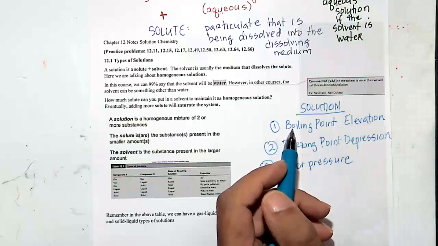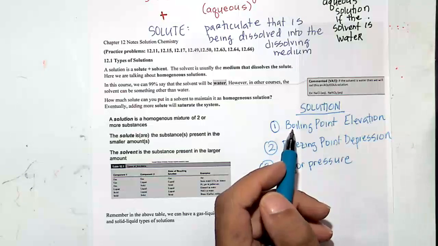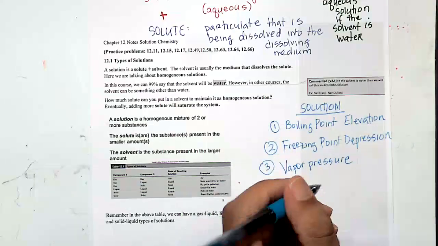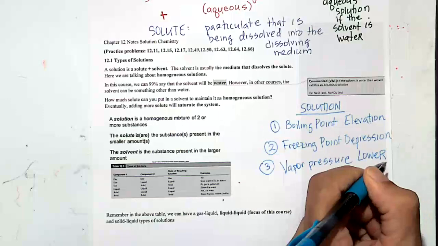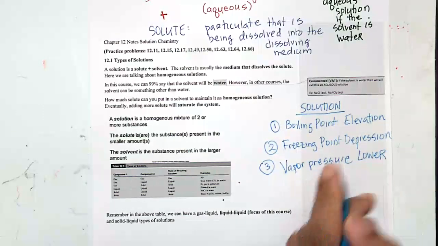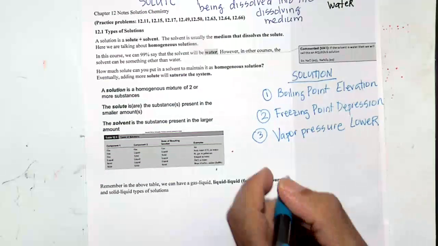Will it become harder or easier to become a vapor? Harder. So does that mean we'll have more vapor or less vapor? Vapor pressure would lower the minute you add a solute to a solvent.